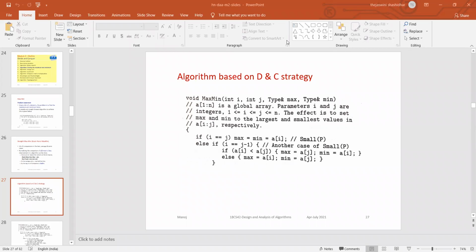What are the values of i and j? I have given the answer already. i is equal to 1 and j is equal to n. Keep that in your mind. i is starting from 1, it's good.